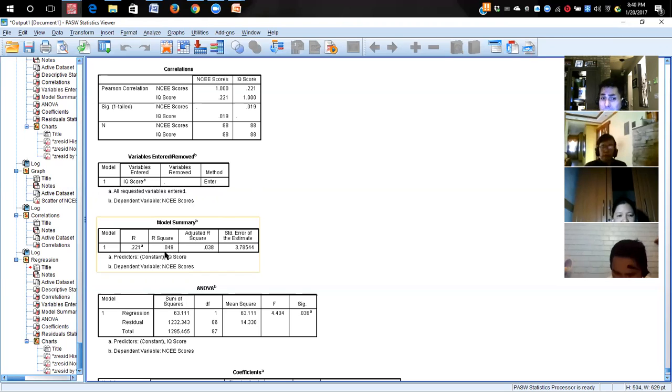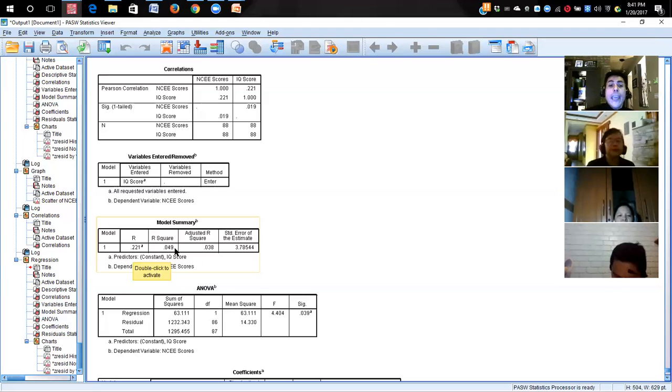This is not surprising, because remember this is only a 0.221 positive correlation. If this had been 0.8, the relationship would be stronger. But I intentionally simulated it where the correlation is weak, so the R-square is obviously going to be small. It's only 0.049, which means 4.9%.